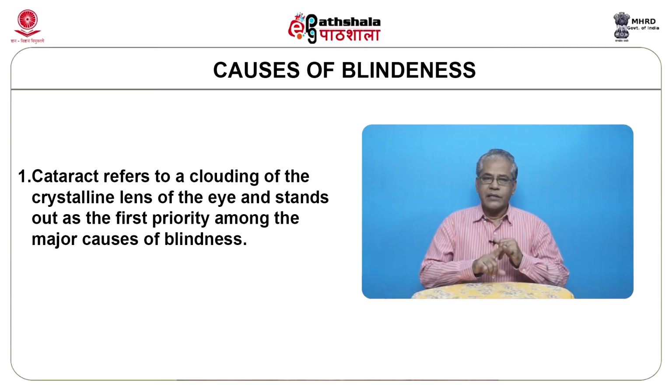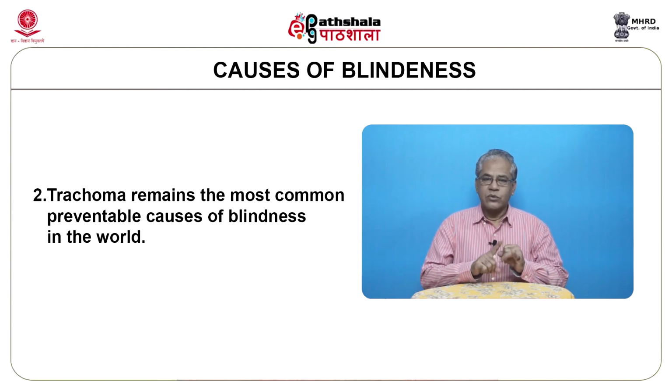Vision 2020 has identified many causes of avoidable blindness for immediate priorities on the basis of the burden of blindness they represent and the feasibility and affordability of interventions to prevent and treat them. 1. Cataract refers to a clouding of the crystalline lens of the eye and stands out as the first priority among the major causes of blindness. 2.